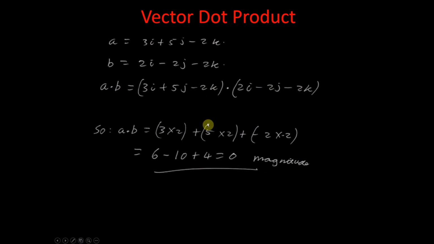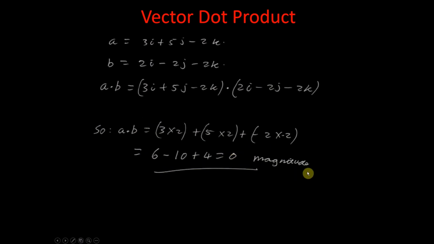This, of course, will give us a negative term here for the 5 times 2. So this will be 6 minus 10, and here we have a negative times a negative, which will give us a positive 4. So A dot B will end up being 6 minus 10 plus 4. This will end up giving us a 0 value.